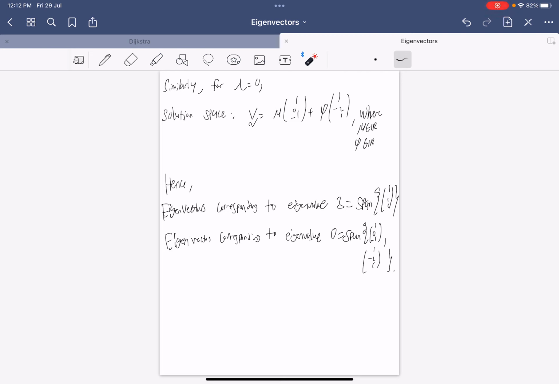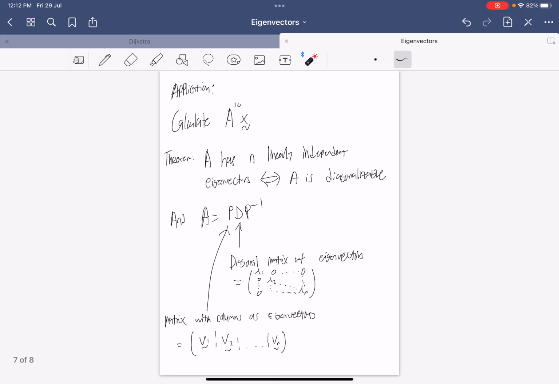But let's give an example of a simple application on why we want to even calculate these eigenvectors and eigenvalues in the first place. An example of an application will be if the problem requires us to calculate A to the power of 10 times a vector. Now, you don't know what A to the power of 10 is because it will take a very long time.